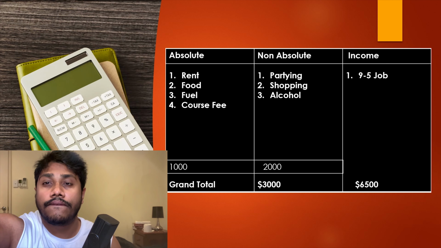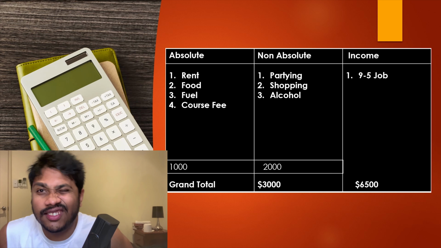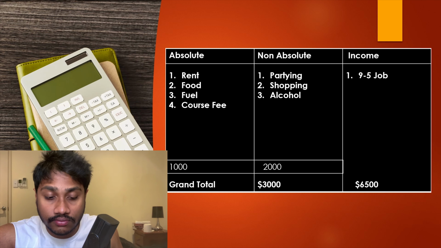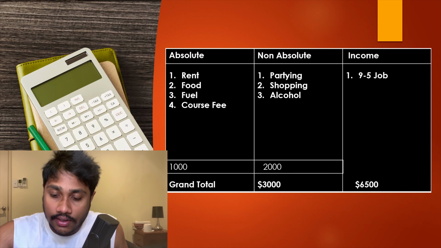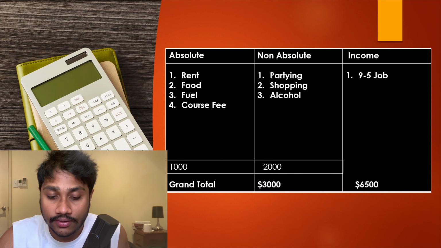So now let's figure out. So let's just put a value of, for example, for absolute expenses it takes like what, $1,000, and for non-absolute you spend again $2,000. All right, so you got absolute expenses, non-absolute expenses.